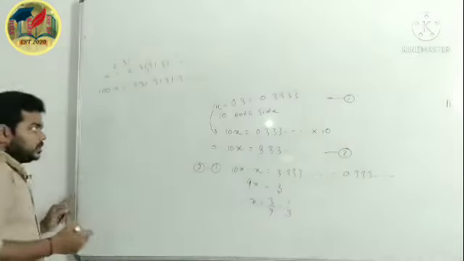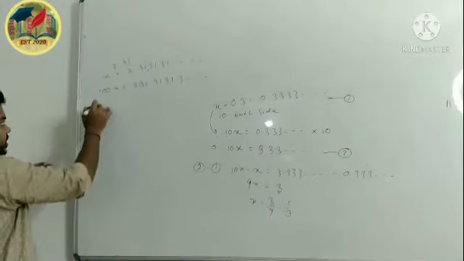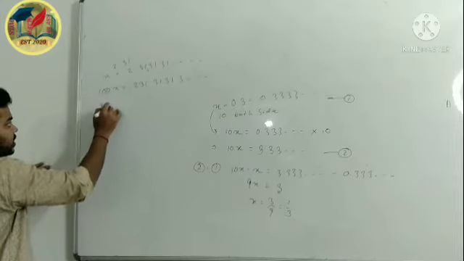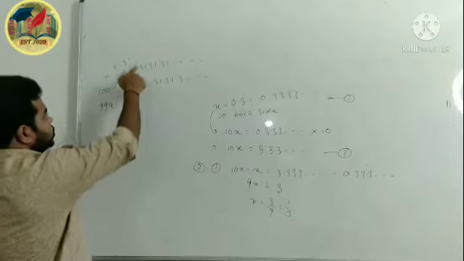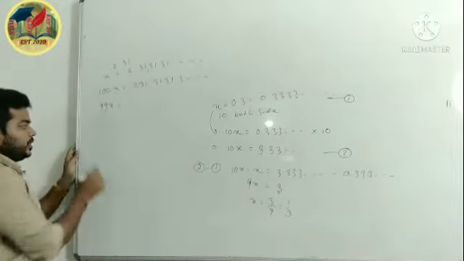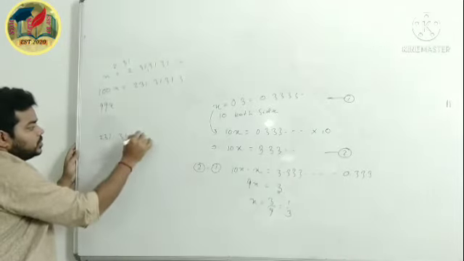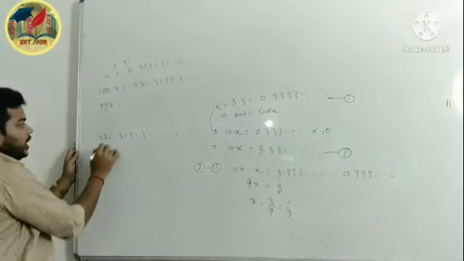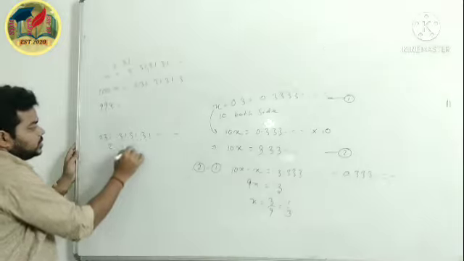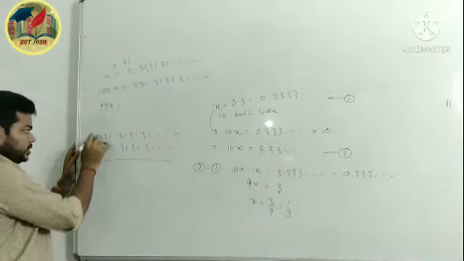Now if we subtract this to this, 100x minus x, that is 99x, this equal to 231.313131 and so on minus 2.313131 and so on.